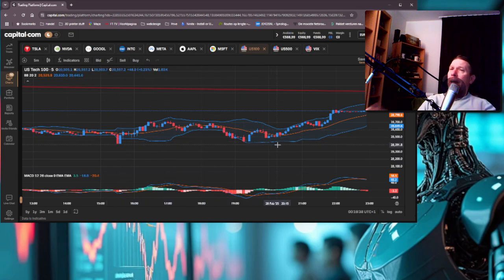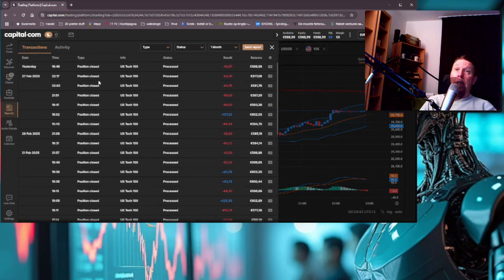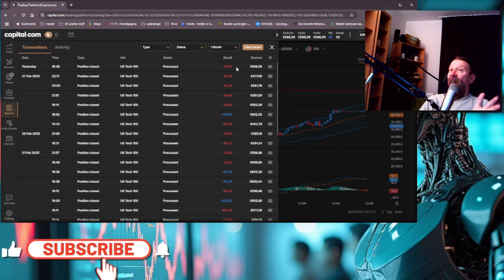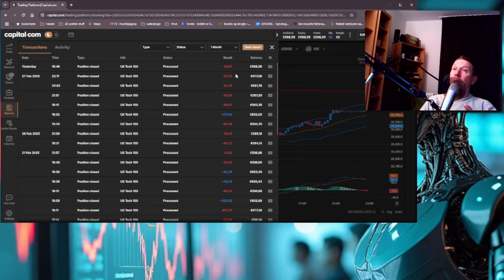So there was action on the market, but if we look at the reports, you see one position open today, and it was triggered by a stop loss of €8, and it should have been triggered much earlier, like those ones you see right here, around €4. They should have been triggered as in kill. This is not good.